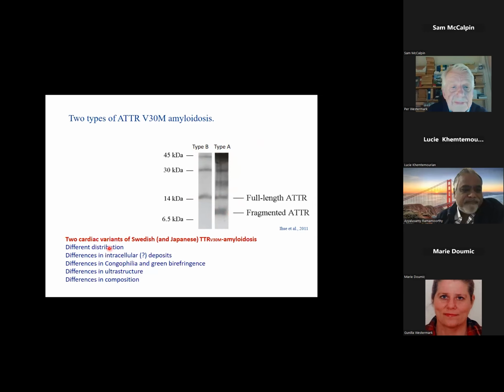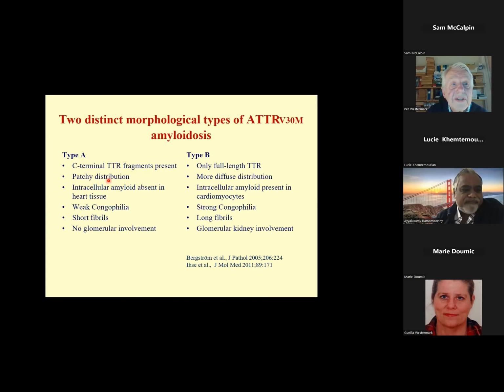And so morphologically, we could divide the amyloid into two groups, and that is true for TTR of this kind, not for the other mutations or most other mutations for fully unknown reasons. But so this is what I said already, that there are two different morphological types of ATTR amyloidosis of this origin.